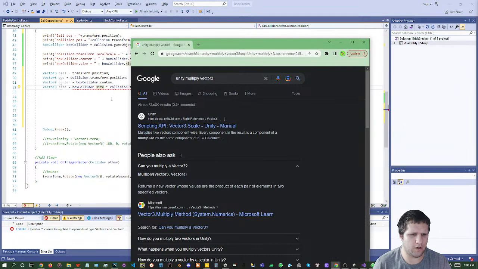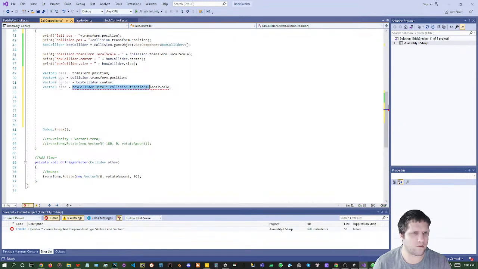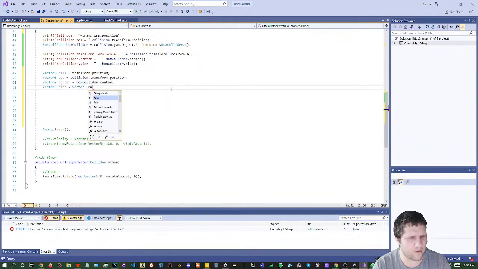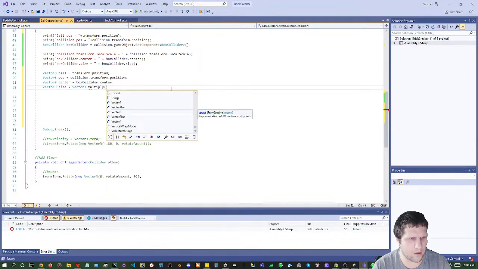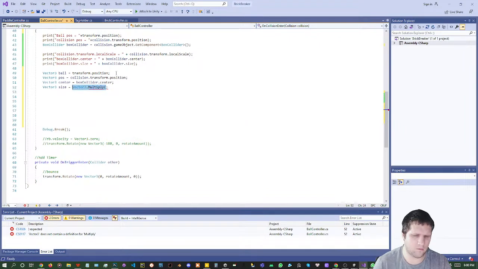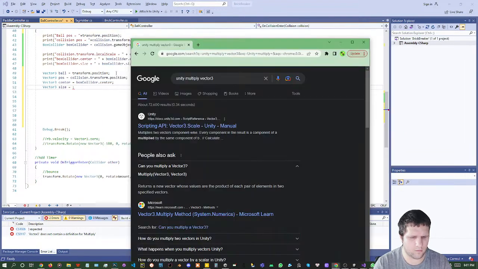I feel like that should be a... Okay, Vector3 multiply. So, Vector3.multiply. No? Come on, Google.